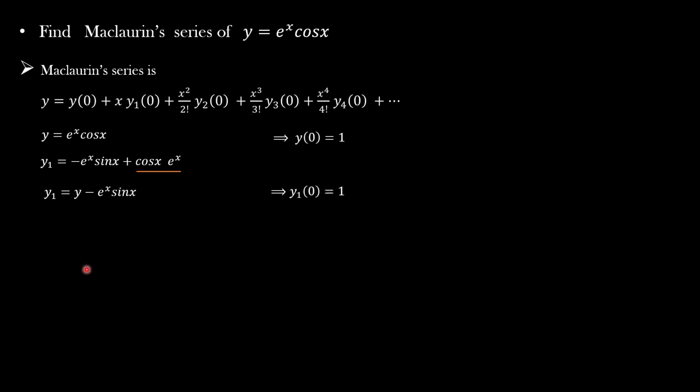y2 is equal to derivative of y, which is y1, and derivative of e power x into sin x, which is e power x into cos x plus sin x into e power x.